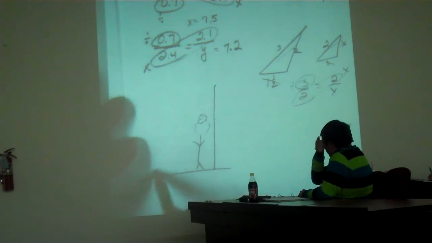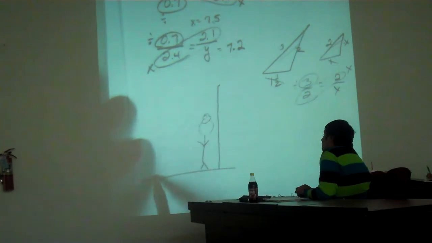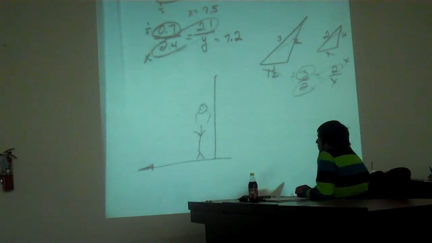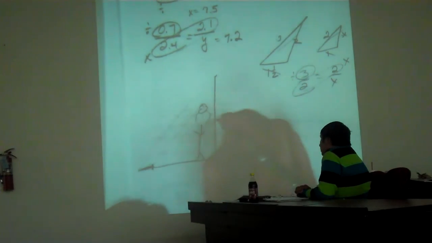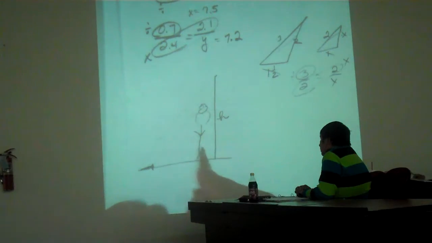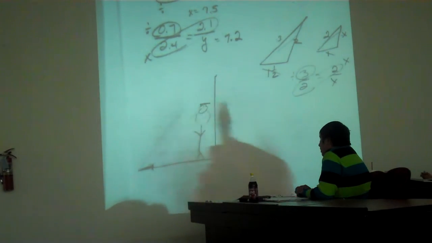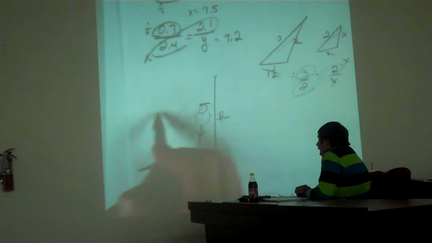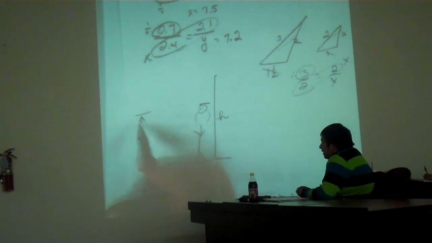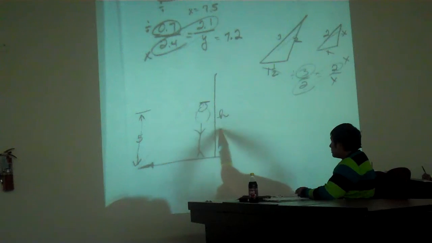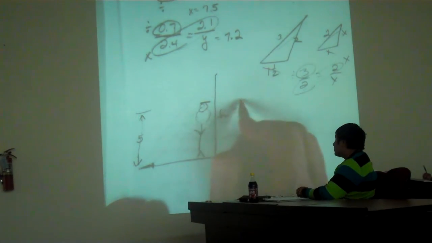This person, their shadow is coming only to right here. Okay? So what you need to do is set it up where you have, like say this person is 5 foot tall. 5 foot from there to there. Say the wall is 11 foot.